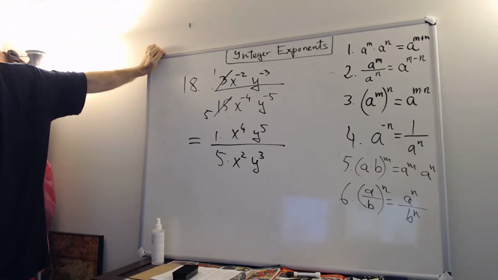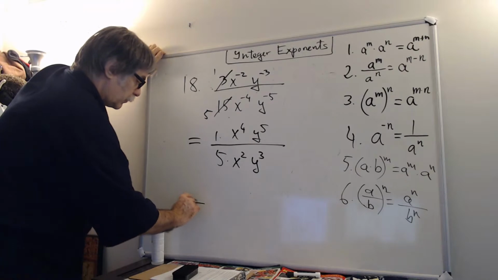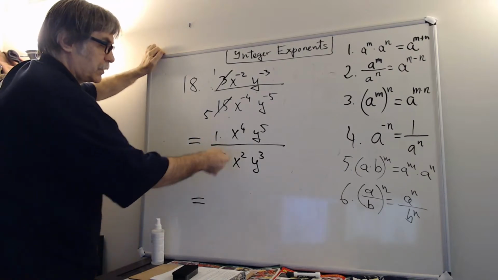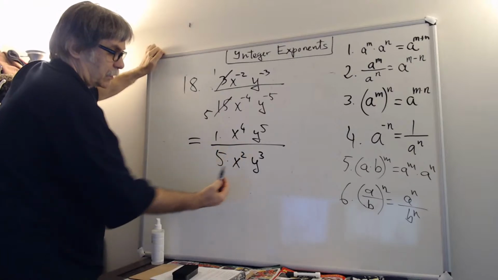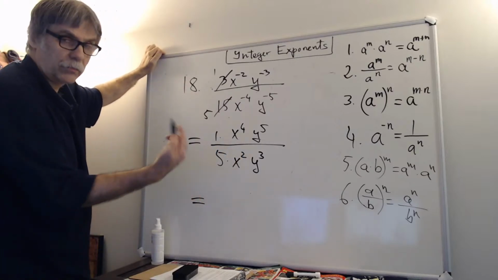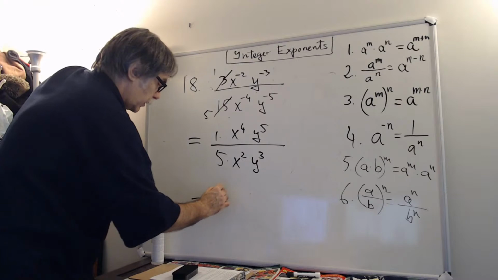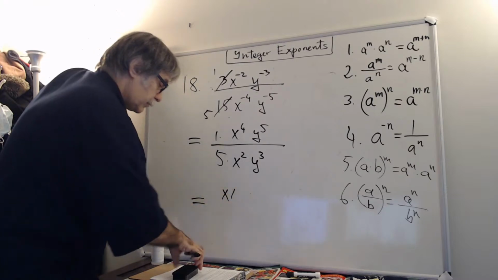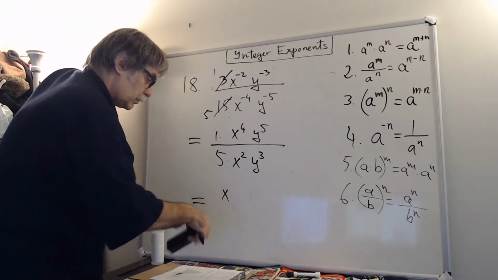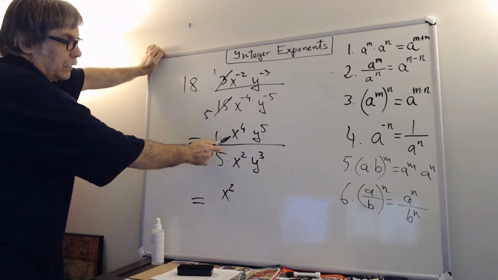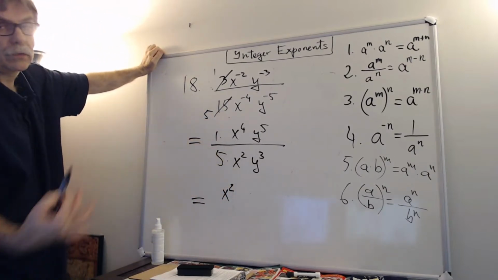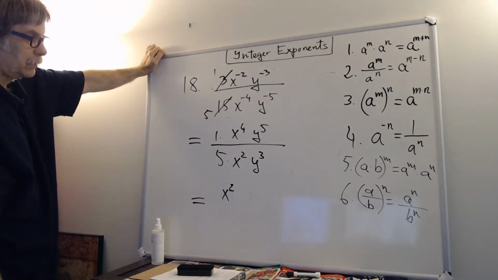And now you can do cancellation. So what do we have? I already canceled this. I am going to have x, x, x, x, x, x; 2 x's get canceled, they're all factors. So I have 2 that are going to stay. So I have 4 here, I have 2 here, 2 and 2 get canceled, I have 2 left.